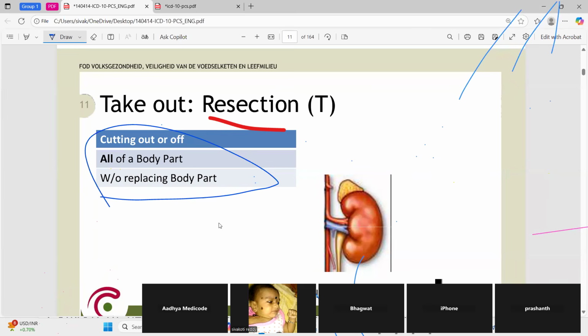Next. Lumpectomy. Excision. Biopsy. Excision. Clear.